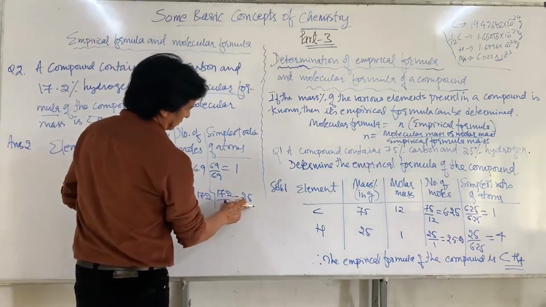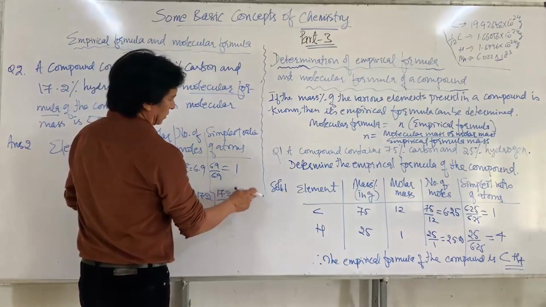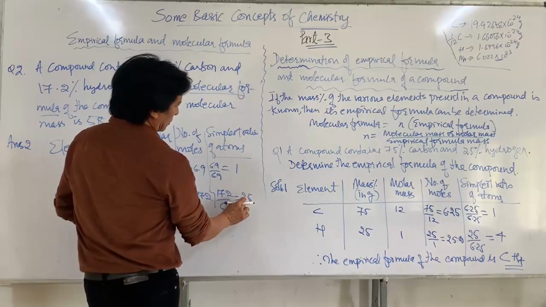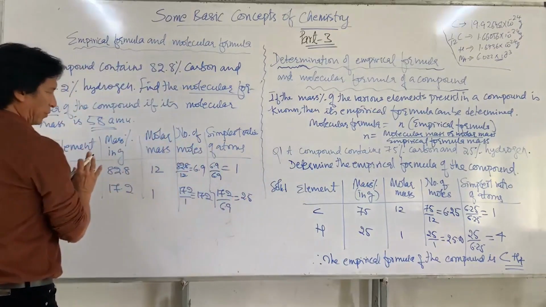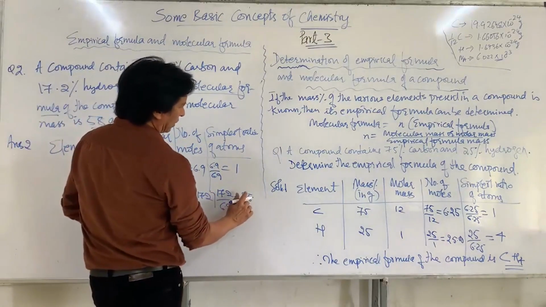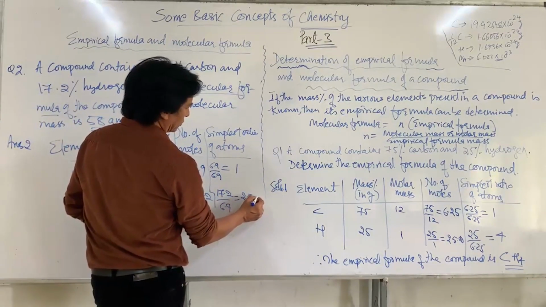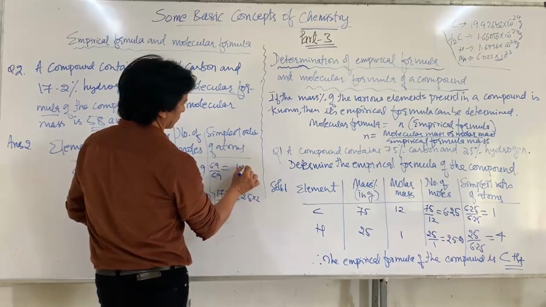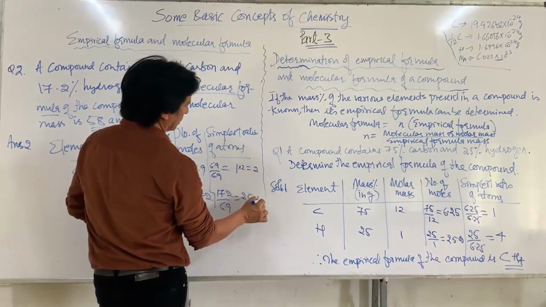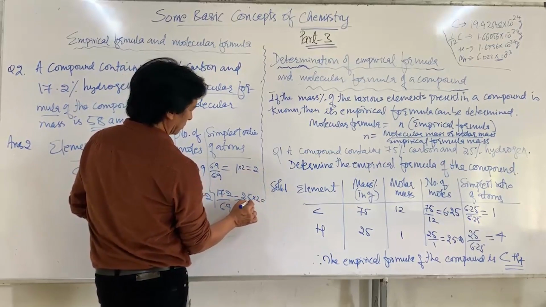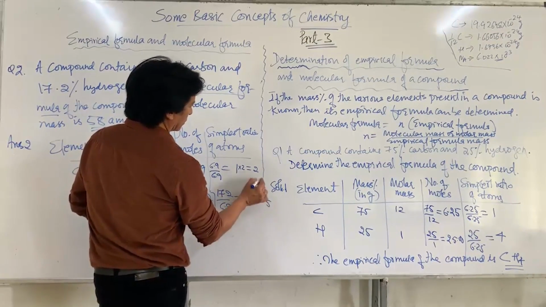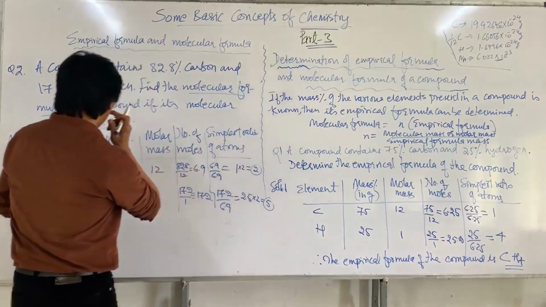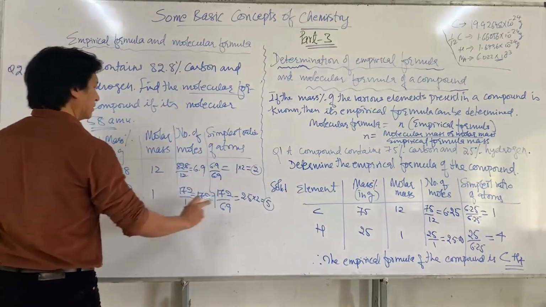So this is not a whole number as such. To write this in the simplest whole number ratio, you're going to multiply this by 2. If you multiply this by 2, you will also multiply this by 2. So it's going to become 2 for carbon and 2.5 times 2 is 5 for hydrogen.